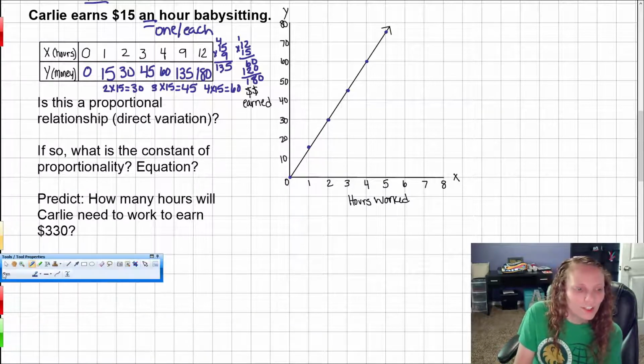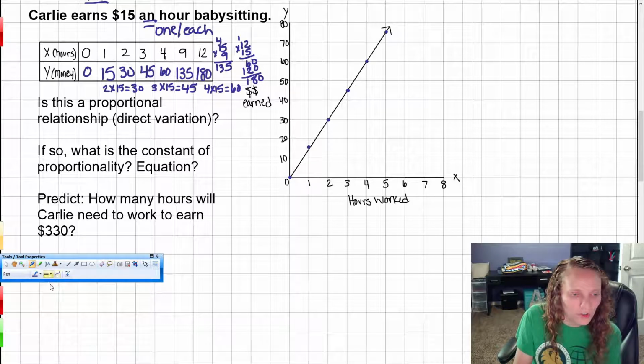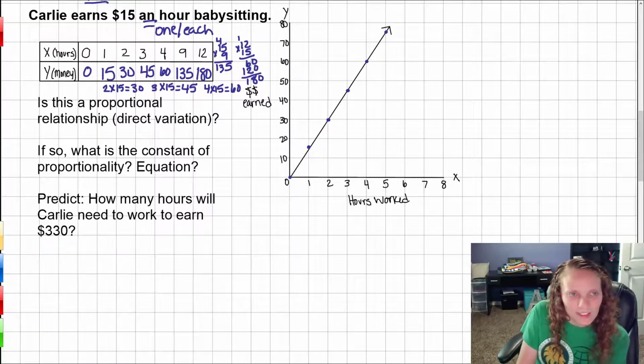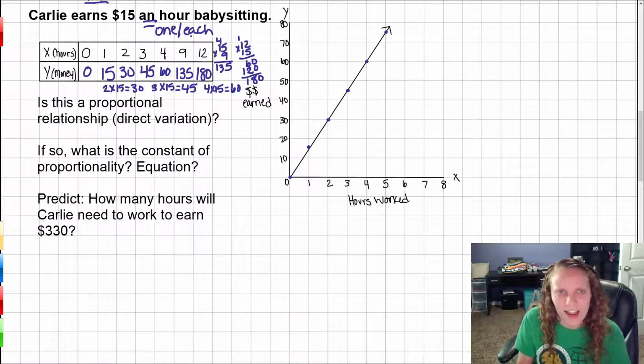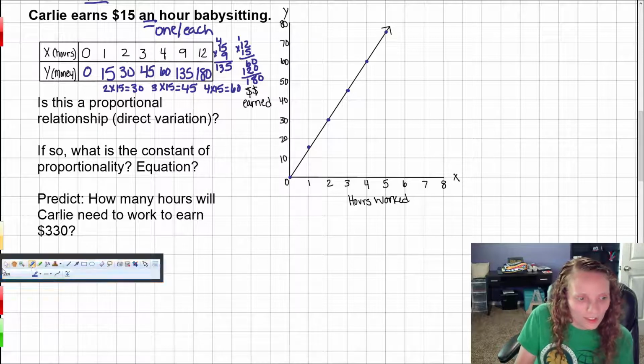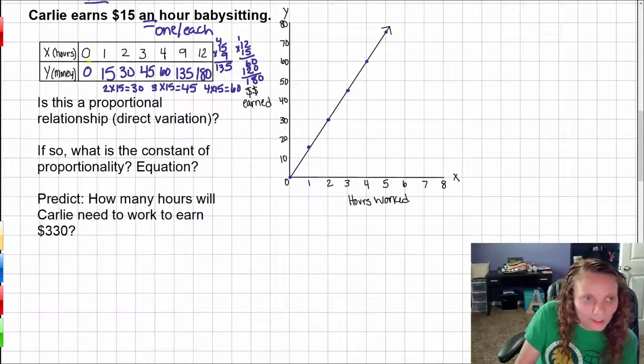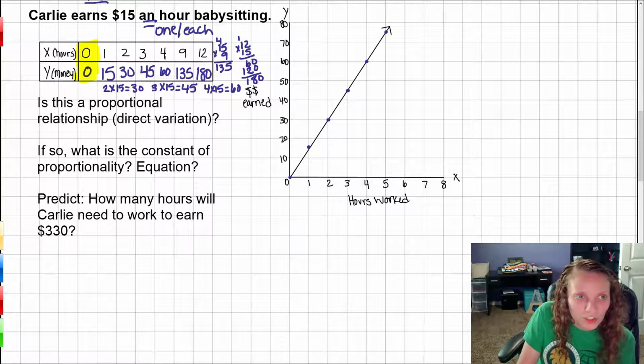I also know that this is proportional because the table is $15 for each hour, so it doesn't go $15 for the first 5 hours, and then after that she only makes $12 an hour. It doesn't change any. And if you notice on the table, here's 0, 0, so this would have to happen for this to be a proportional relationship.